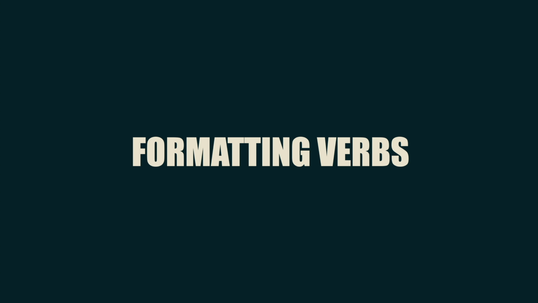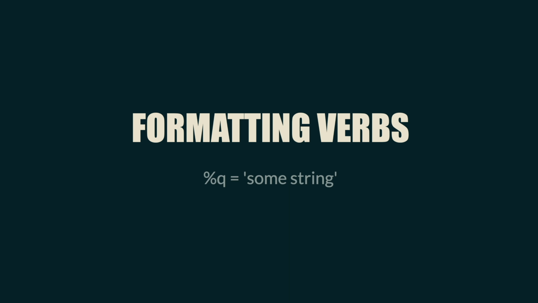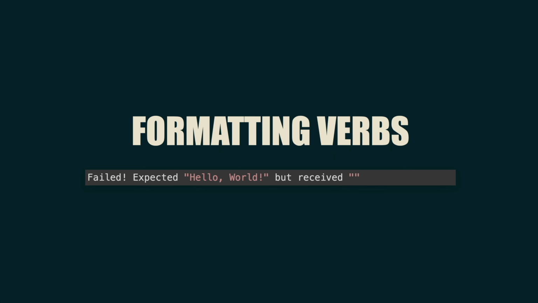All substrings beginning with % are called formatting verbs in Go. In this case, formatting verb %q means that the value from the second parameter will be wrapped into double quotes and then inserted into the string from the first parameter.